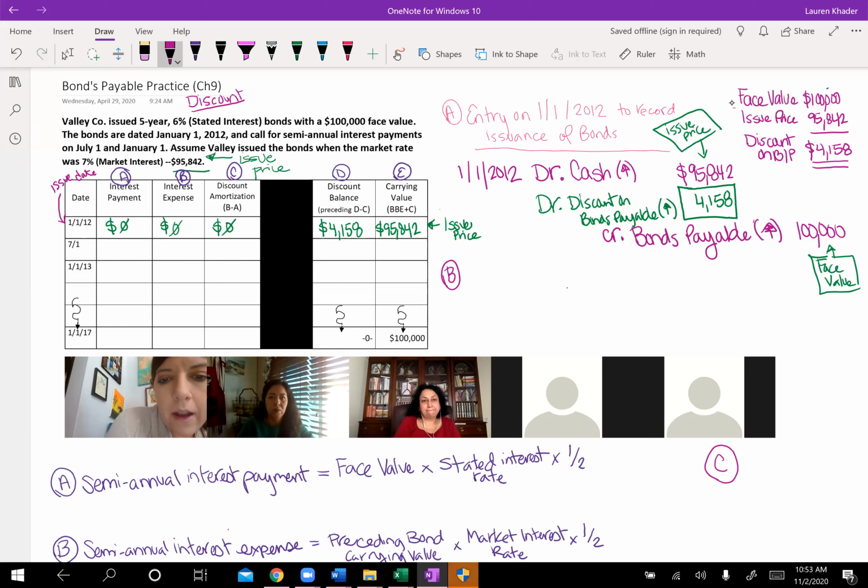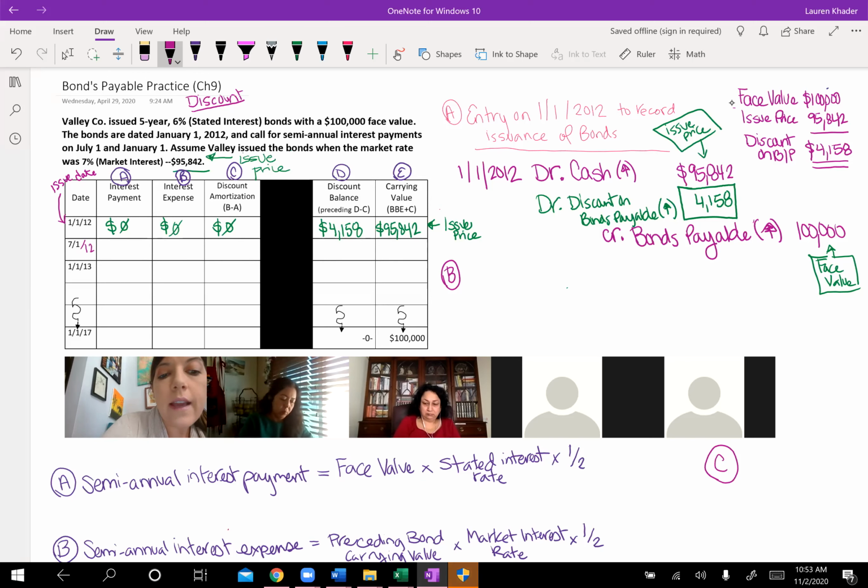Six months go by, and now we have our first semi-annual interest payment date, July 1st, 2012. So we've had these bonds outstanding from January 1st until July 1st, so 6 months worth of interest is owed.